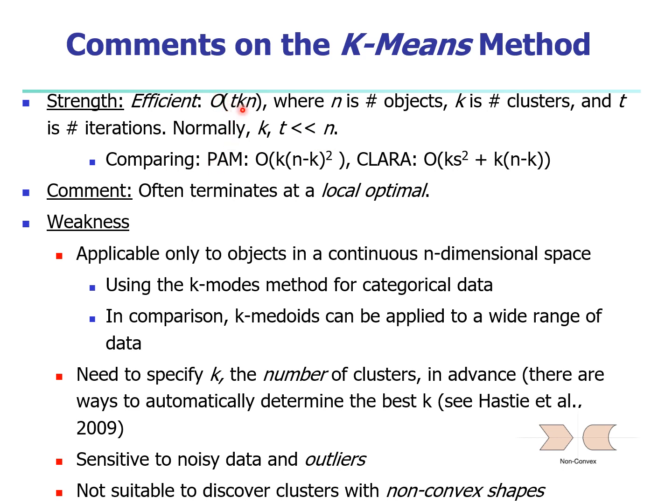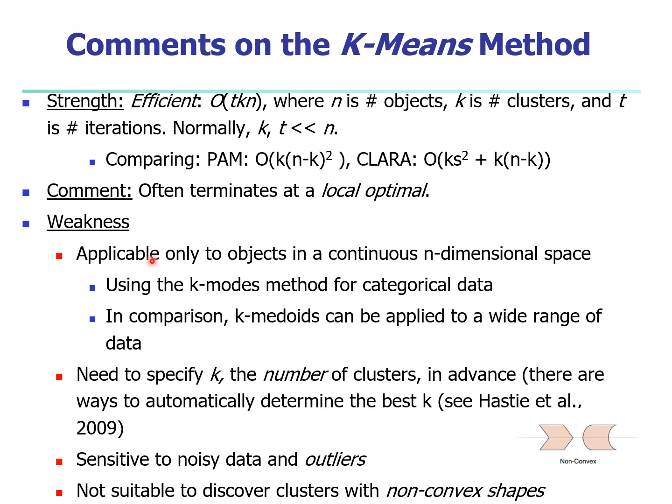Comparing this to partitioning around medoids, its big O notation is K times (N minus K) to the power of 2. CLARA has big O notation of K times S to the power of 2 plus K times (N minus K). So definitely, if you remember with big O notation, a power of 2 is considered to be way higher than a power of 1.